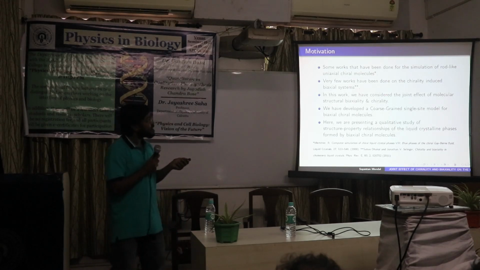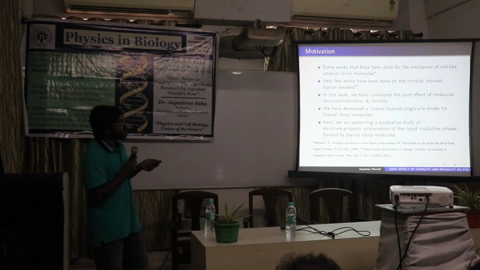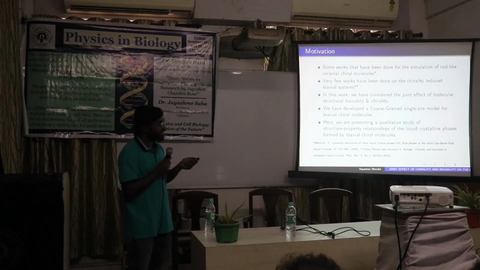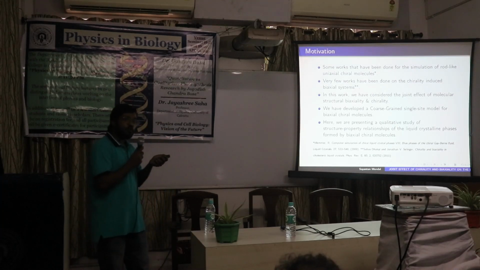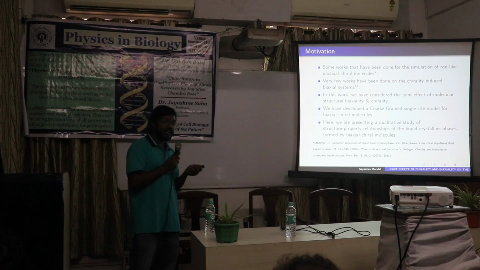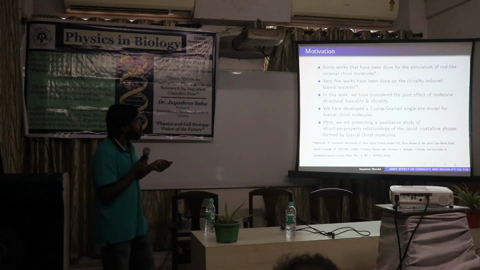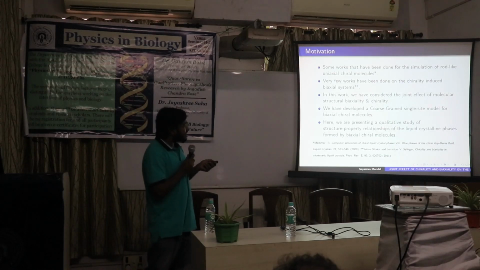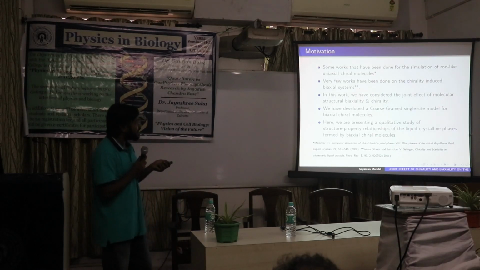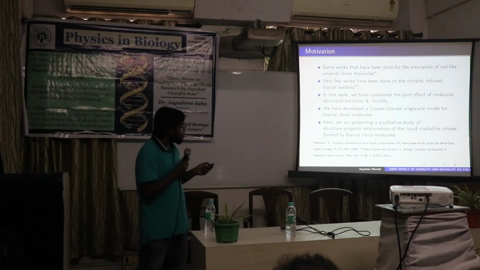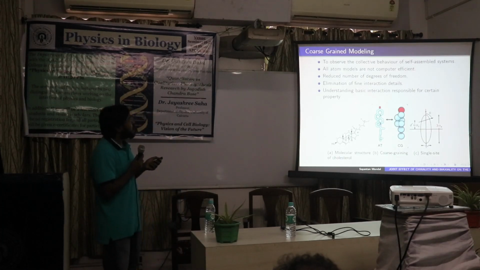But here we have considered the joint effect of molecular structural biaxiality and chirality. We have taken both interactions independent of one another, and used them in our coarse-grained single-site model. Here we are presenting a qualitative study of structure-property relations of the liquid crystalline phases formed by biaxial chiral molecules.